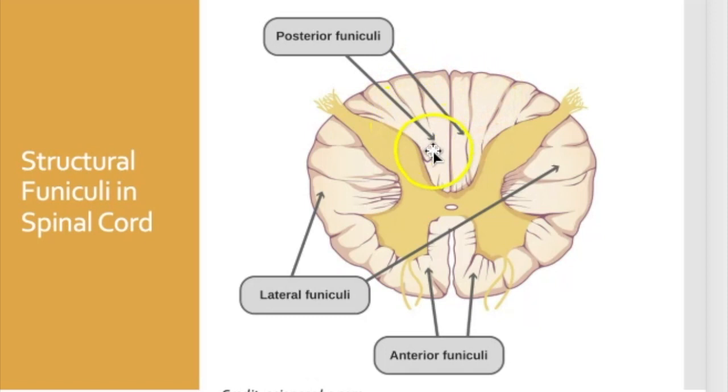This is the dorsal area of white matter. These are the posterior funiculi. This is ventral or anterior, so these are the anterior funiculi, one on either side of the anterior median fissure. Up here, that's the posterior median sulcus. These over here then are the lateral funiculi. Remember, these are structural regions.